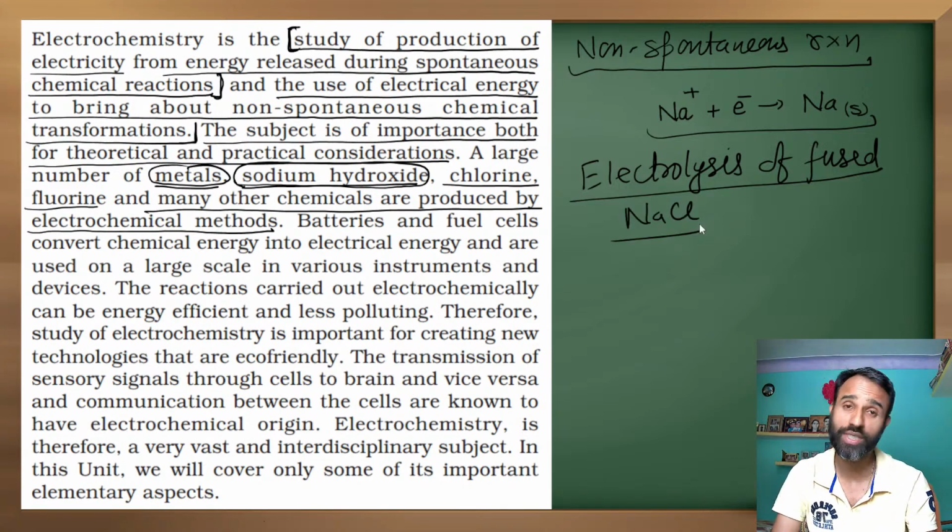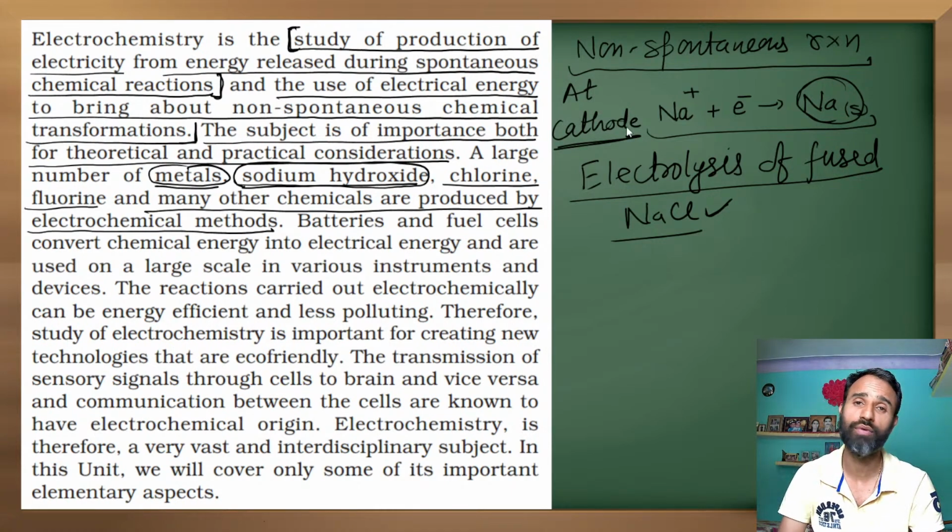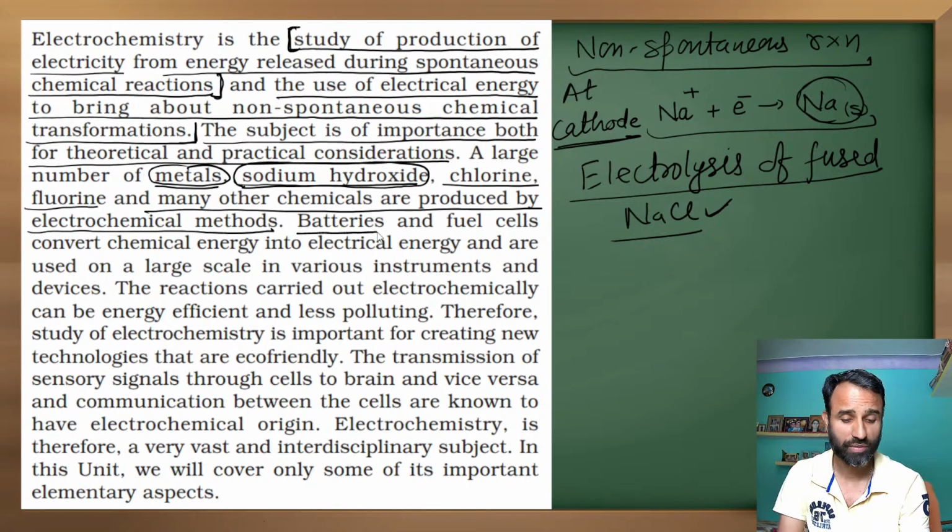If we use aqueous NaCl, then in place of sodium, we get hydrogen gas. So electrolysis of fused sodium chloride will produce sodium at the cathode. Production of this metal is an application of electrochemistry. Batteries we will discuss in the last part of this chapter.